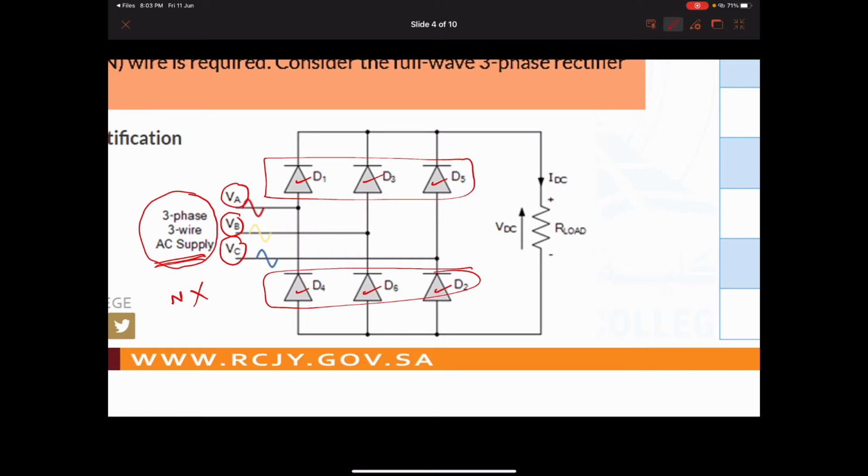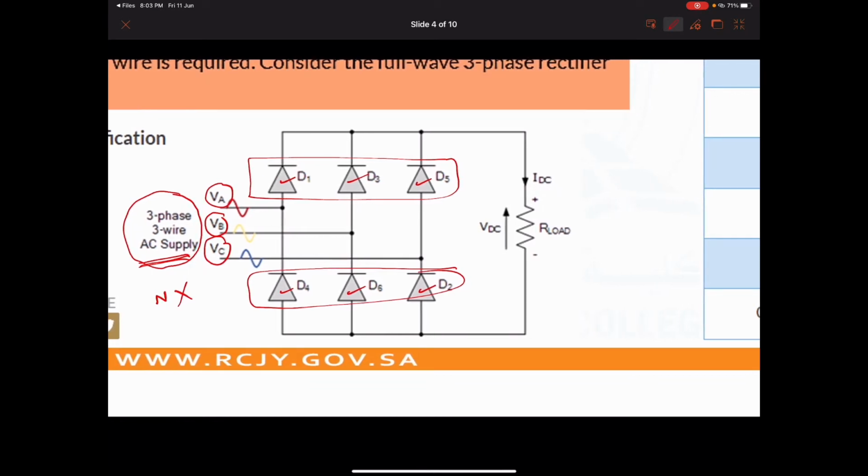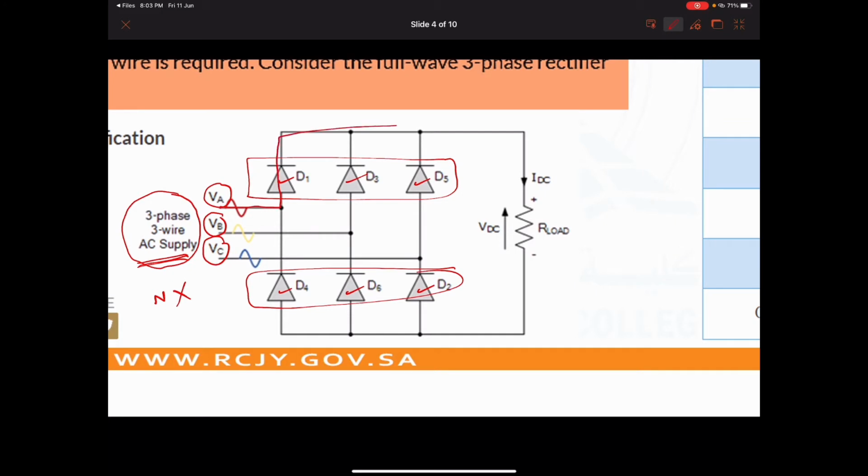Let's suppose that we have the voltage A, so it will go through D1, go to the load, and then come back to the supply. That's why D1 and then D2. That's why we have D1 here and D2 there, because it is according to the sequence. Inshallah, I'm going to explain everything, don't worry. This is just to show you why we have this sequence, D1, D3, D5, and so on. You will see it, inshallah, through the explanations.